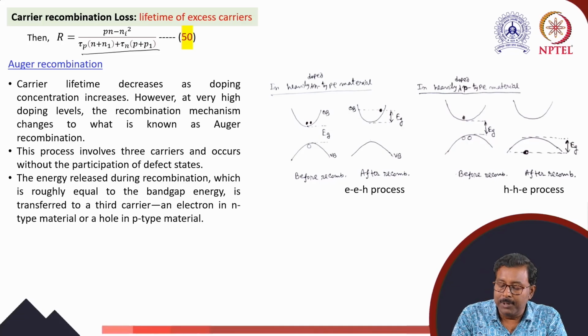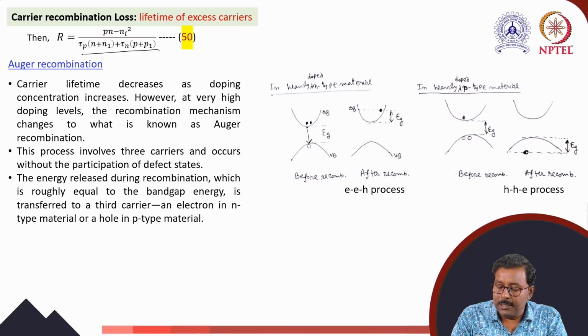So this is the process shown here. Suppose this is before recombination. There are 2 electrons. First this electron recombines with this hole. The released energy will be absorbed by this other electron, and it will move from the minima to the higher band.